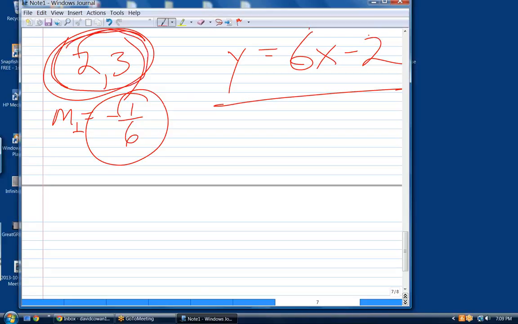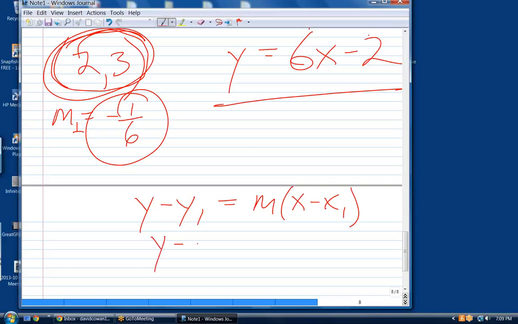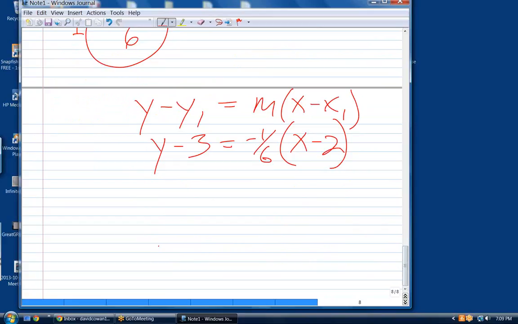The first thing we figured out was the slope of our new line has to be negative 1/6, and it goes through this point. So let's use point-slope format. So then it would be y minus 3 equals negative 1/6 times x minus 2. Now give me that answer in slope-intercept format.